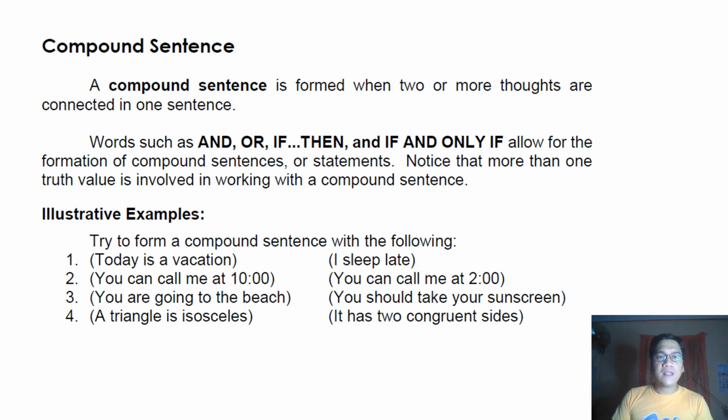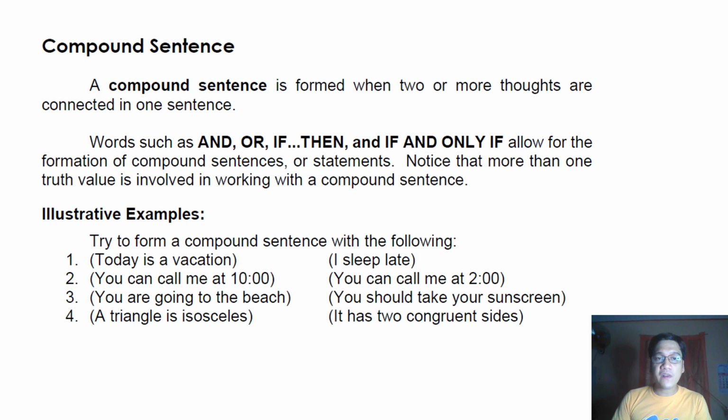Next, what is a compound sentence? A compound sentence is formed when two or more thoughts are connected in one sentence. Words such as and, or, if then, and if and only if allow for the formation of compound sentences or statements.